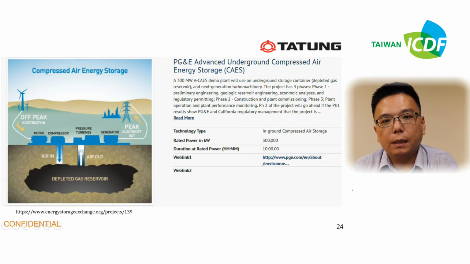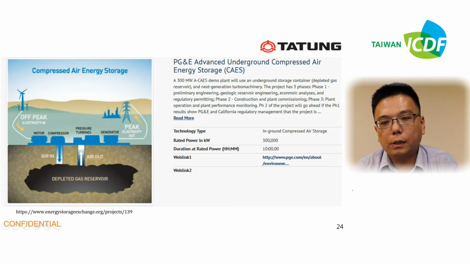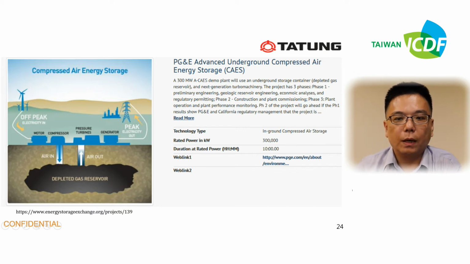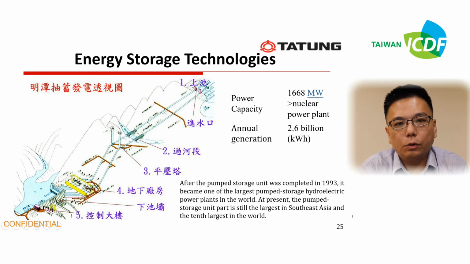This example from PG&E is used in the United States. The rated power is very large, about 300,000 kilowatt, and it lasts a very long time, almost 10 hours in one cycle.